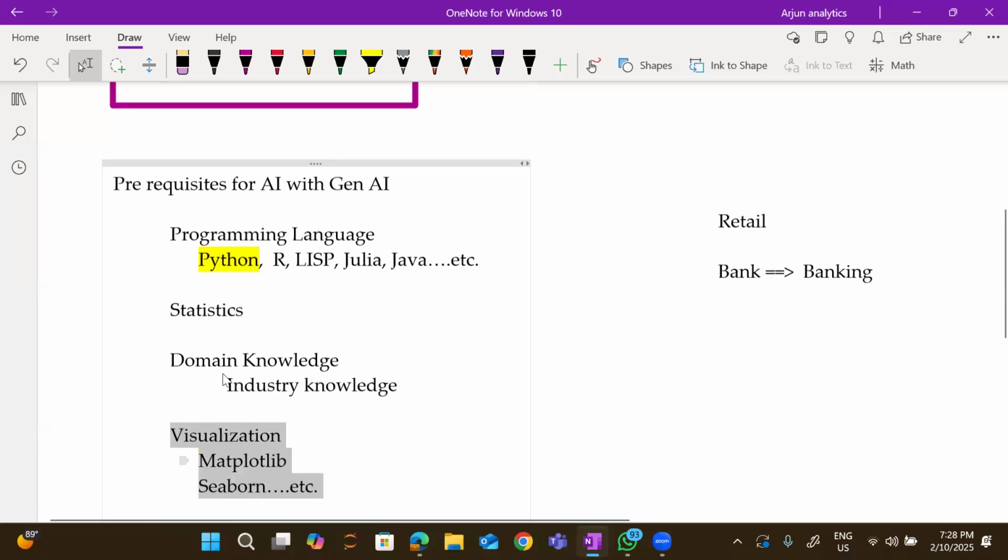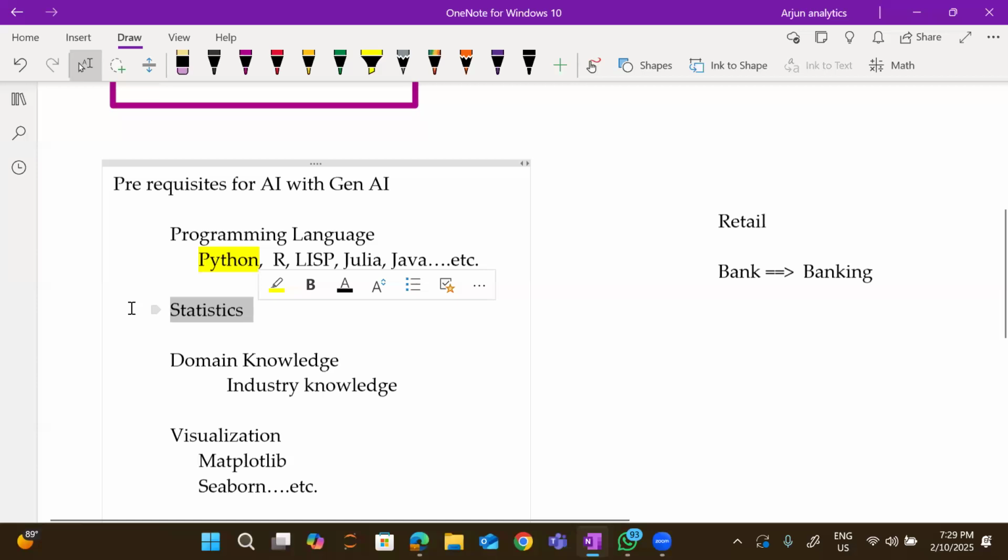Domain knowledge is something you will get as you move forward. And statistics we will do on the fly as we move to generative AI. Once we enter generative AI, once we do the deep learning, then we are going to do the statistics.